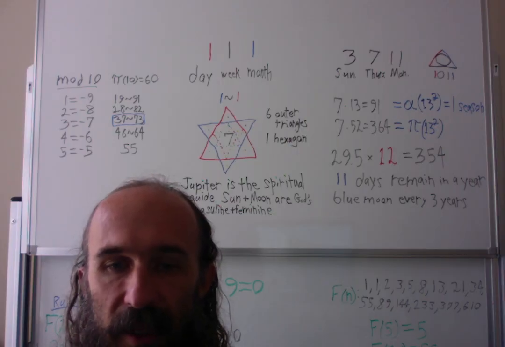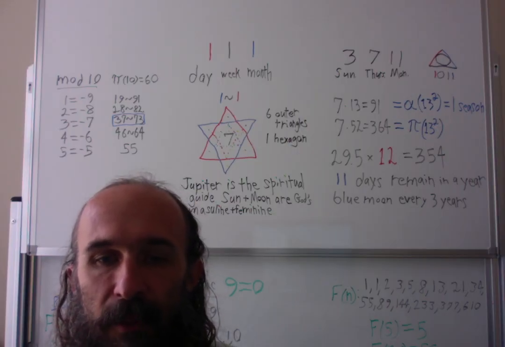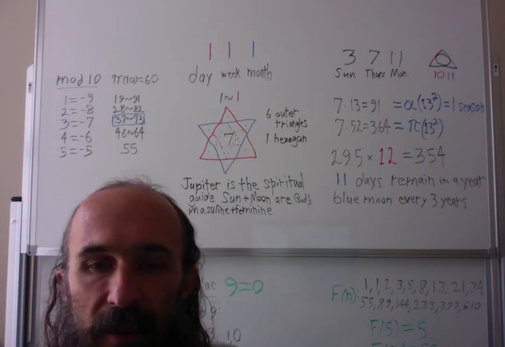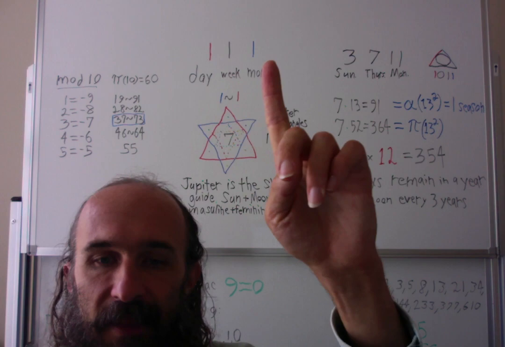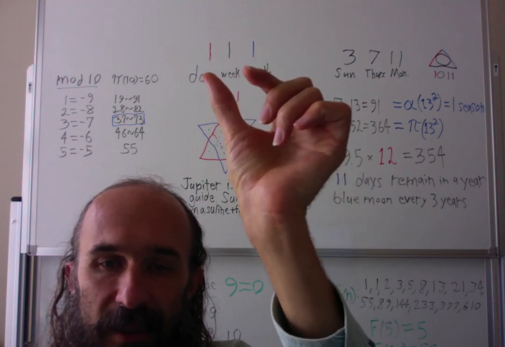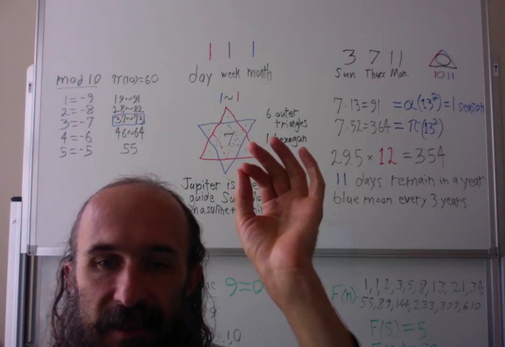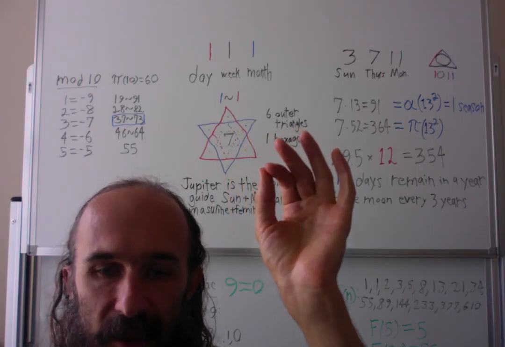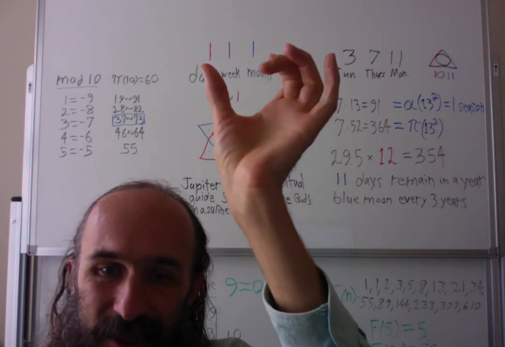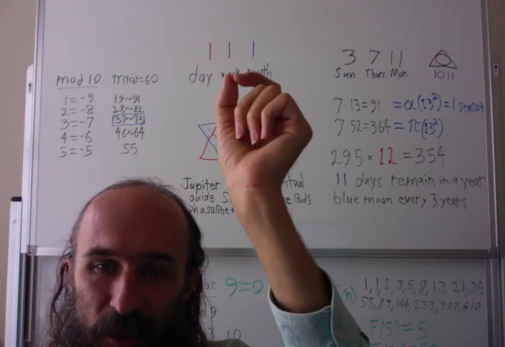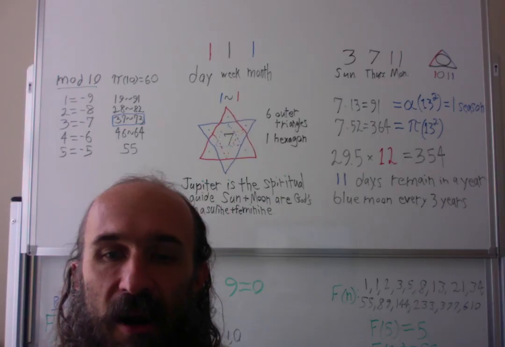And so in this way, the week bridges together both the solar and lunar, the day and the month, these two independent and transcendentally irreconcilable units of measurement, which are bridged together in a very special way by the week.